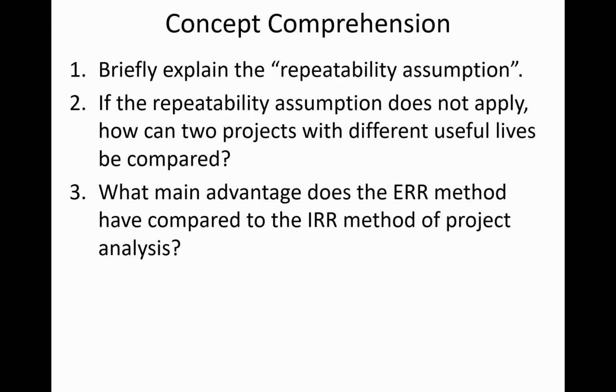There are only a handful of investments where you're going to take your income and put it right back in. You can do that with a savings account. You can do that with some businesses. But for most businesses, the profits come out of a project and then go somewhere else, compounding at a different rate of return than it was originally generated at. So the main advantage is you can have an external reinvestment rate.